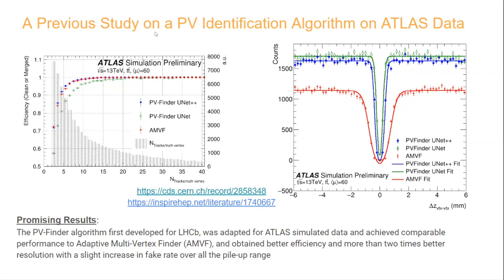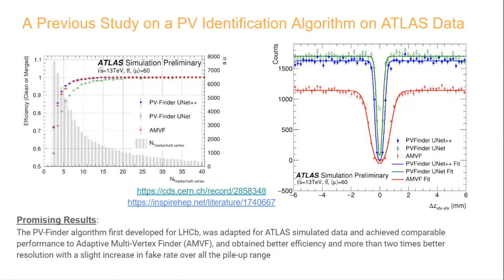The AMVF is the global approach to vertex finding and fitting. And you can see, if you look at the blue and the red, that they have the same, if not better, efficiency.